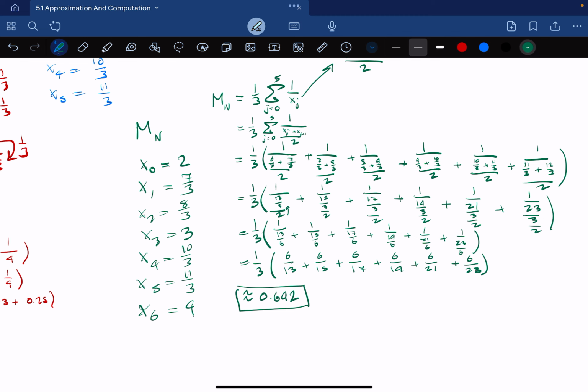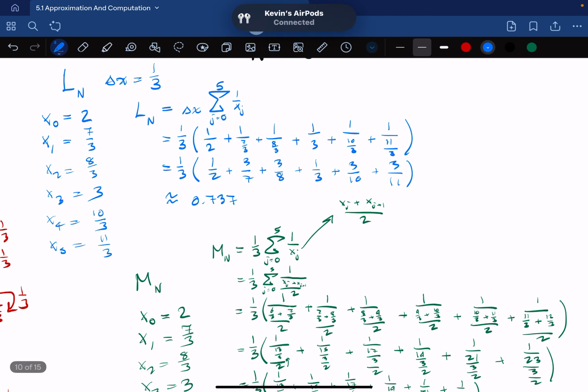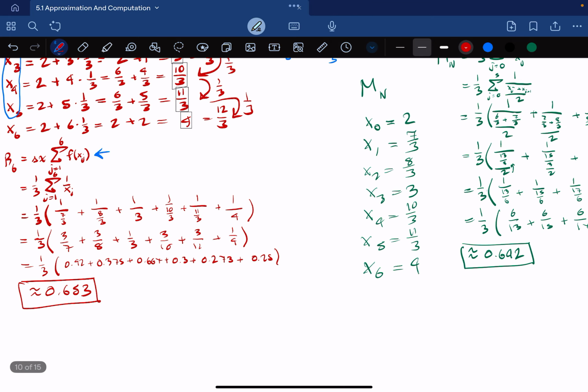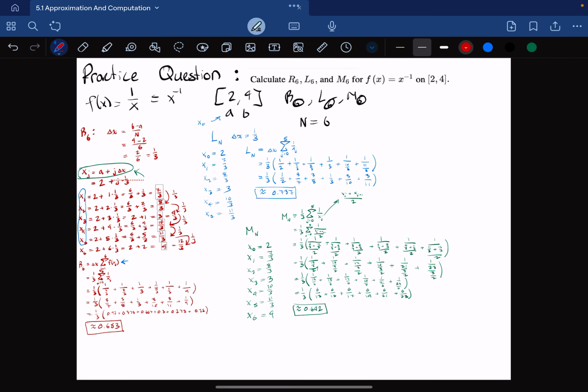Now, we have found all three approximations. Now, overall, it does seem a little complicated, but it is not anything crazy.